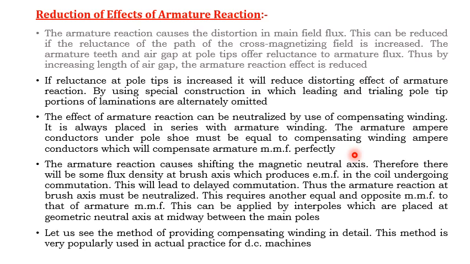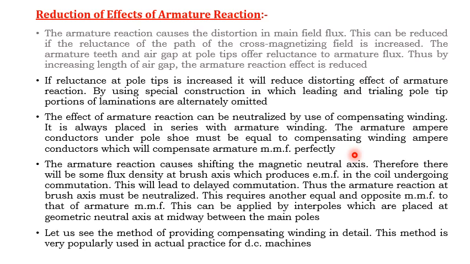If these two MMFs are opposite, there will be a cancellation of both MMFs, which leads to the neutralization of the armature reaction. So this is one more method provided for the reduction of the effects of armature reaction. These three methods are usually employed in order to reduce the effect of armature reaction.